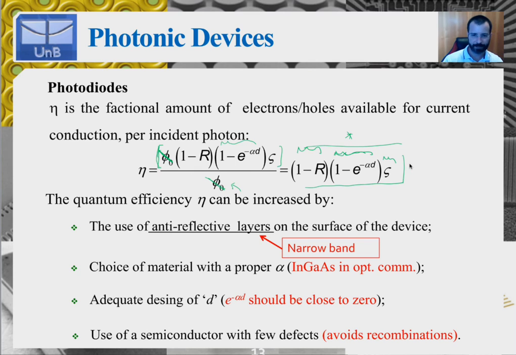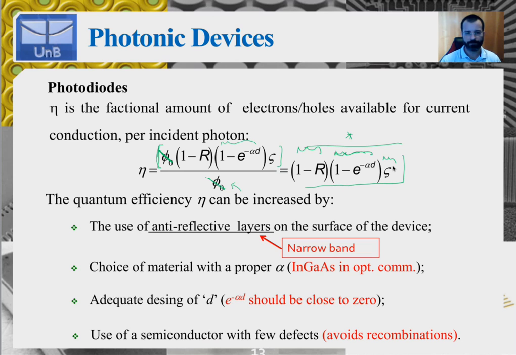And last but not least, we can use a good quality semiconductor with few defects in the crystal lattice, because these defects will potentially cause more recombinations, or increase the recombination rate, recombination per unit time. And if we use a good quality semiconductor, we can make this term as close to unity as possible as well, right?